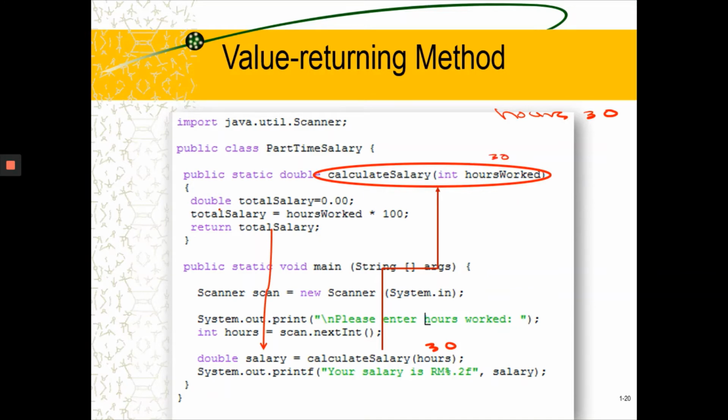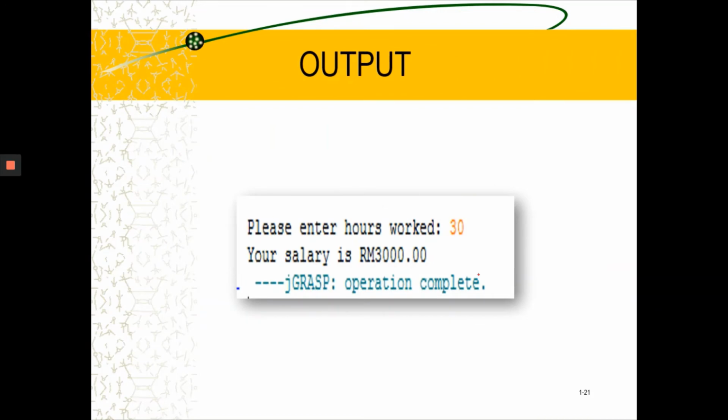Next you are going to calculate the total salary based on hoursWork. So 30 times 100, you are going to get 3,000. This 3,000 is held by totalSalary. So totalSalary will be 3,000, this salary value will be 3,000, and finally you are going to get the output: Your salary is RM 3,000 ringgit.